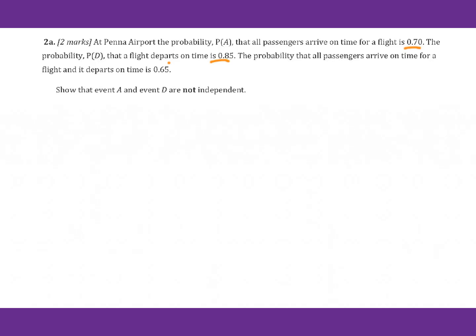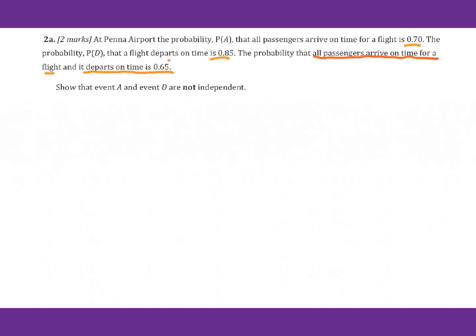The probability that all passengers arrive on time for a flight and it departs on time is 0.65, which means A intersect D equals 0.65. Show that event A and event D are not independent.